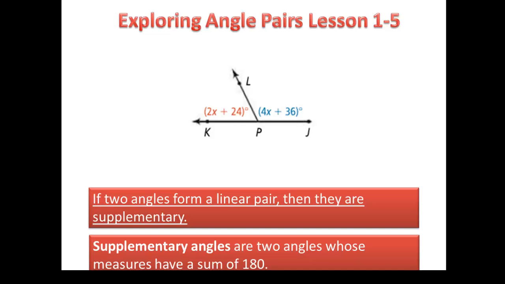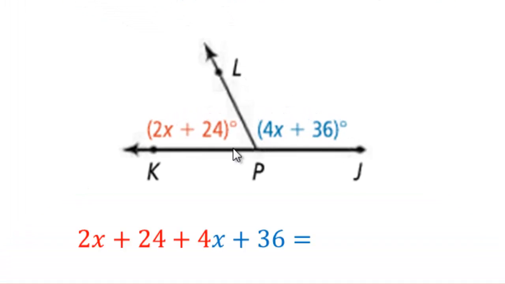Taking what we've learned, let's apply it. Let's look at this diagram right here. We know that we have a linear pair and that a linear pair is always supplementary. And remember, supplementary means that we have two angles that have a sum of 180. If we were to put it in an equation, we would just add this angle plus this angle, which is what I've done right here, and then just make it equal to 180.